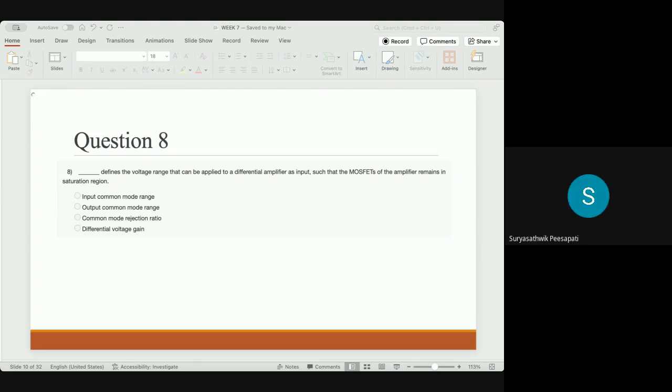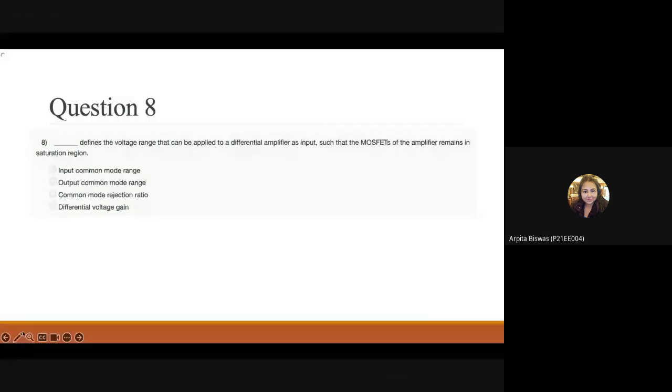Ma'am, input common mode range. Yes, input common mode range. Option A is the right option. Please, other students, try to solve. At least try.